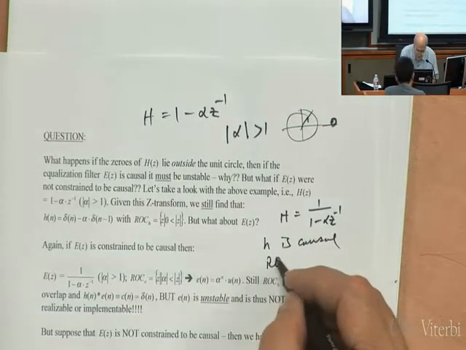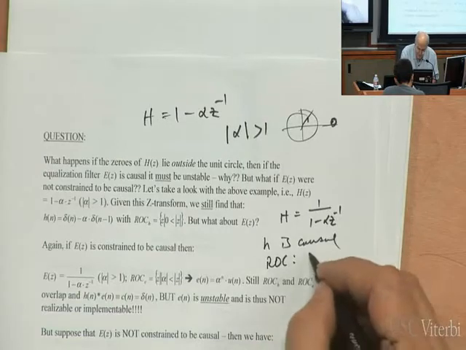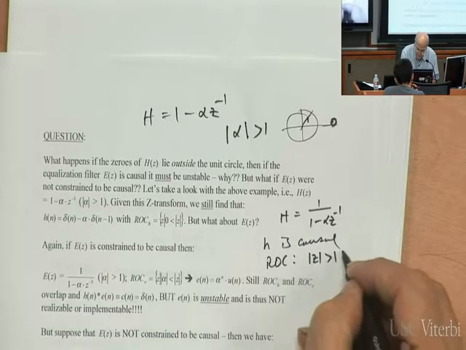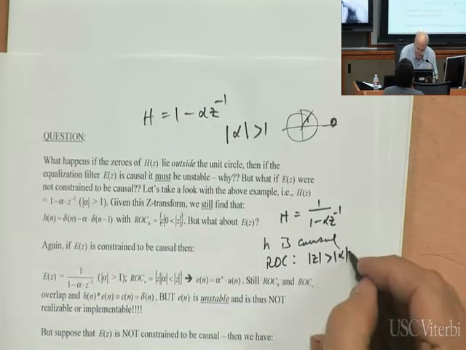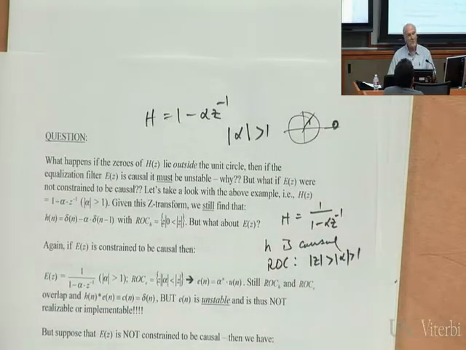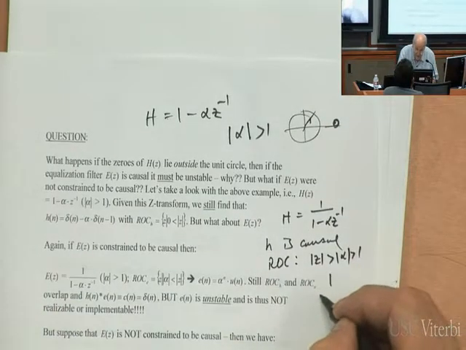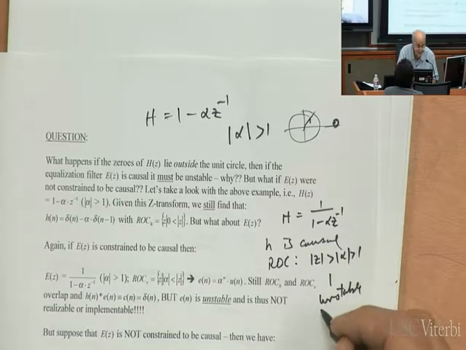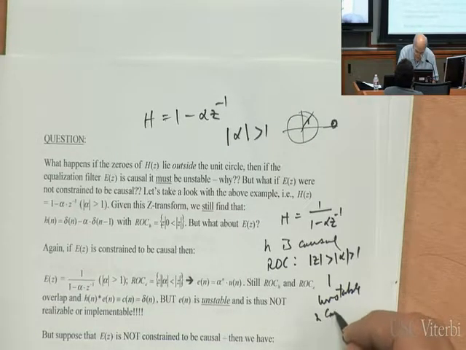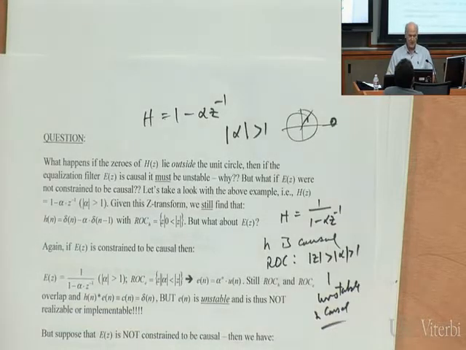Then the ROC is the magnitude of z greater than the magnitude of alpha. It doesn't include the unit circle, because that's greater than 1. So what this is saying is it is unstable, but it is causal. So that doesn't help you very much.